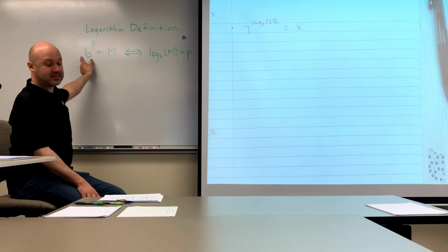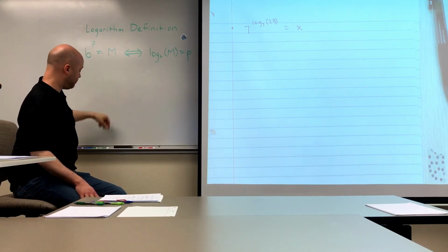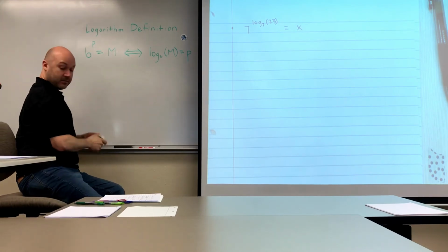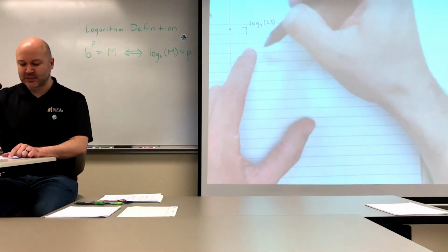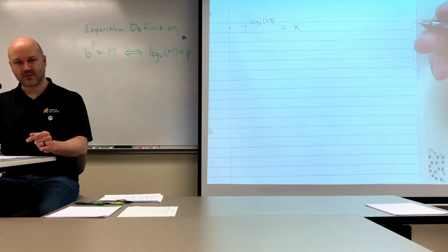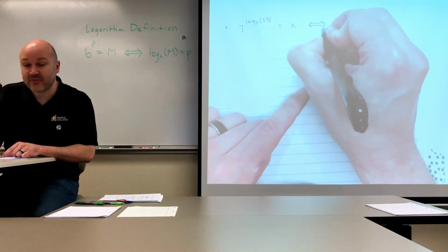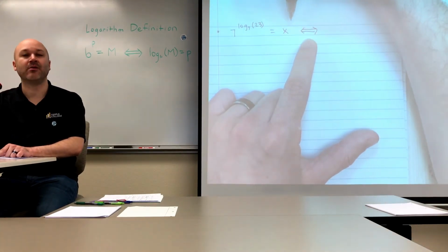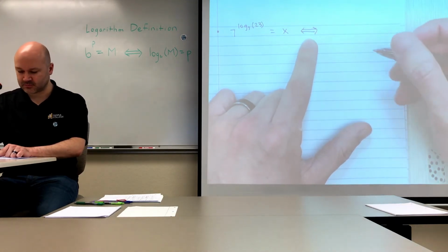I've got a base being raised to a power, and it's equal to some value. So, to answer this exponential situation, I'm going to rewrite it in logarithmic form. Using the definition of the logarithm, I can take an exponential equation and rewrite it as a logarithm or logarithmic equation.